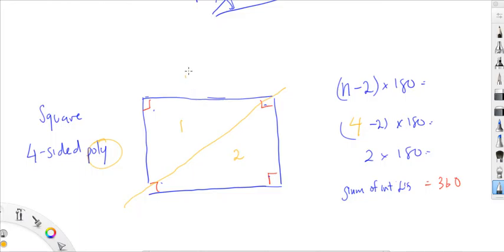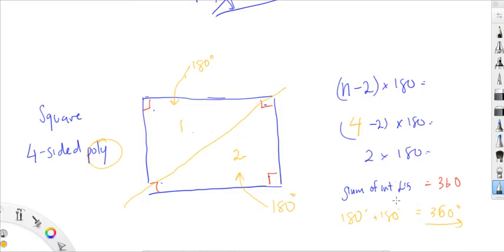What is the sum of all the angles in a triangle? It's 180 degrees. Well, we've got two of them. We've got two lots of 180 degrees because we've got two triangles. If we add the two 180 degrees together, we're going to get 360.